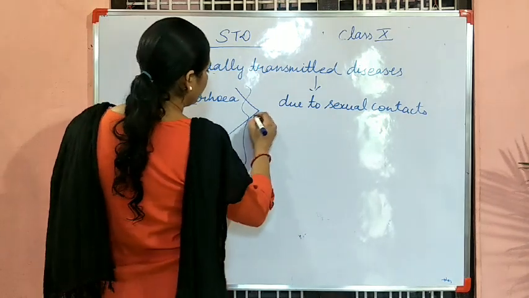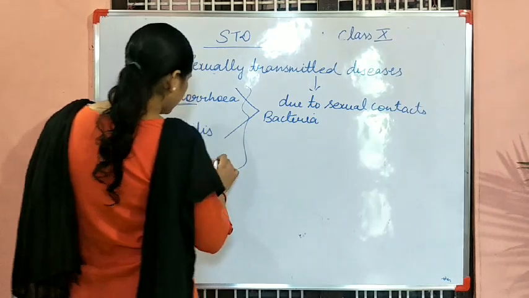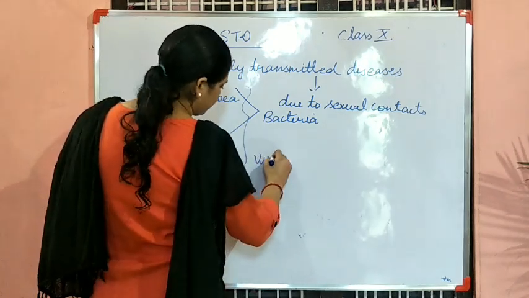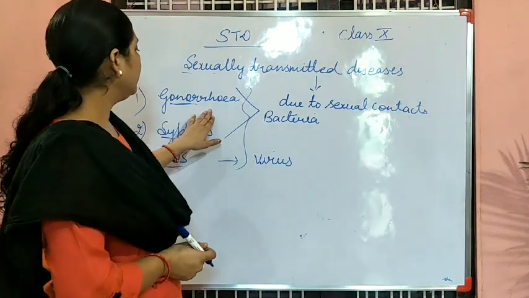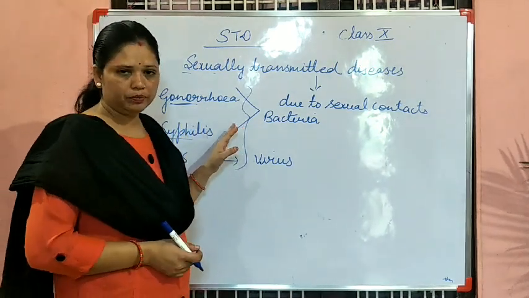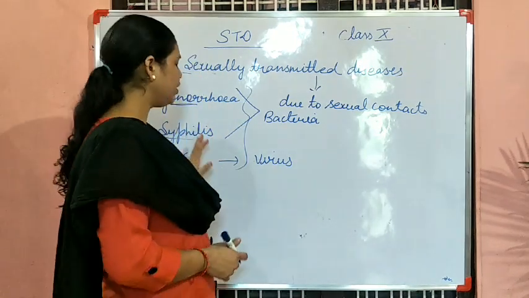Gonorrhea and syphilis both are caused by bacteria. These are bacterial diseases. AIDS is caused by a virus. Gonorrhea is caused by Neisseria gonorrhoeae. The main symptoms of this disease take place in both males and females.